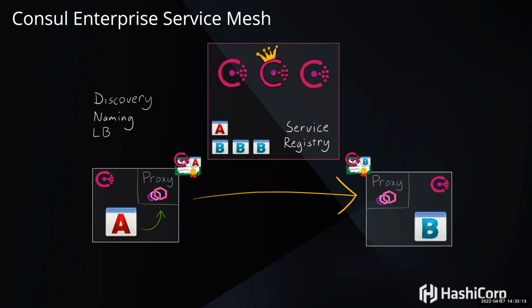So every instance has a unique certificate that Consul generates because Consul has a built-in CA, a certificate authority. You can also use an external CA like Vault to augment the CA functionality.